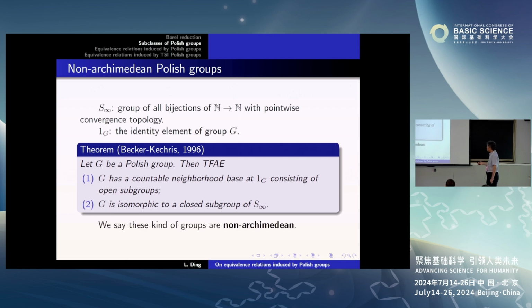We use the first clause to define non-archimedean, and use the second one as a theorem, an equivalent condition of non-archimedean. Okay.